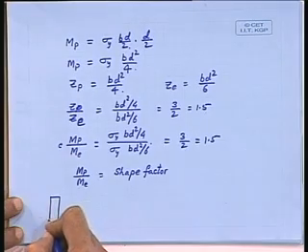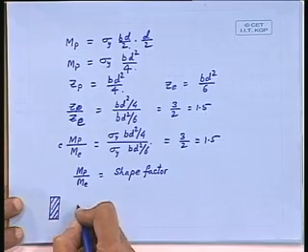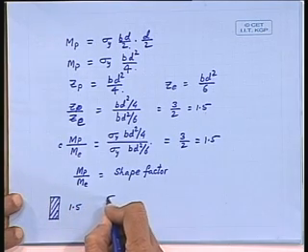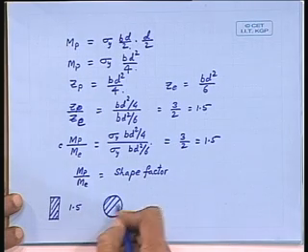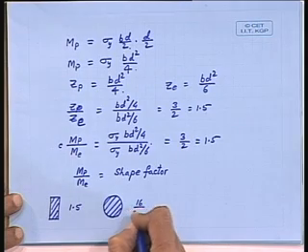So for a rectangle, shape factor is 1.5. If you take a solid circle, the shape factor is 16 by 3 pi.